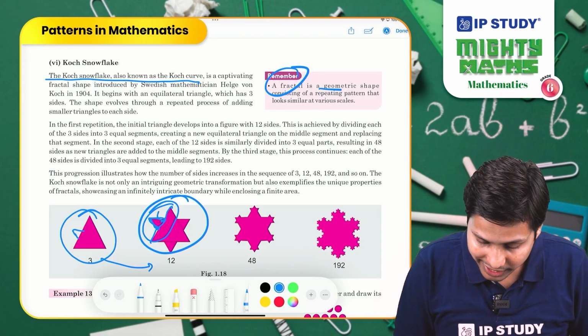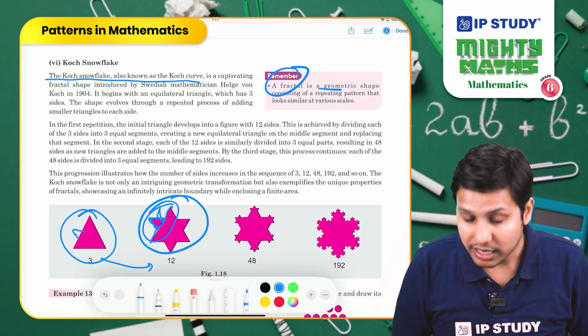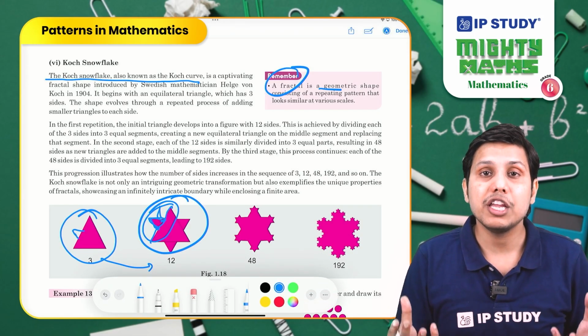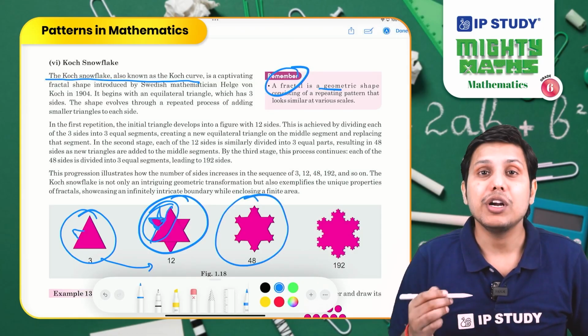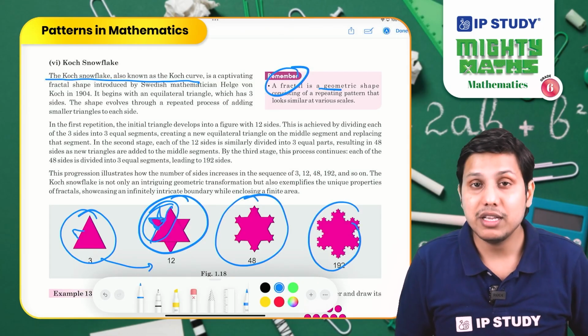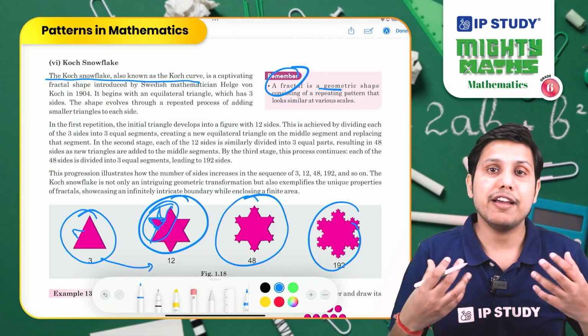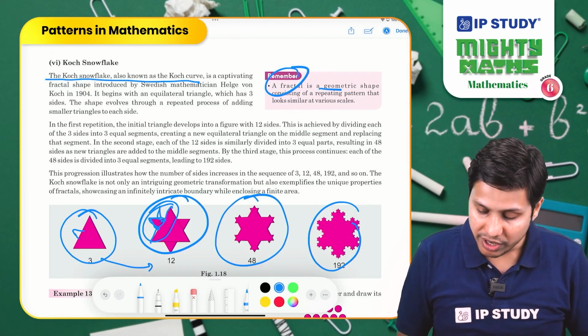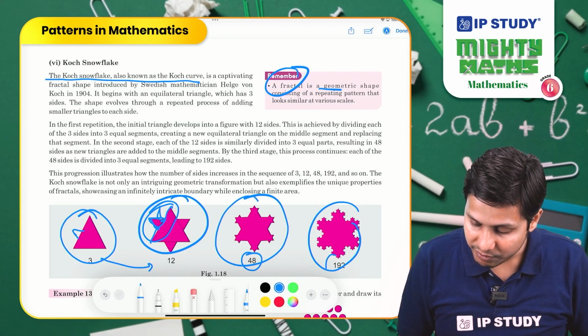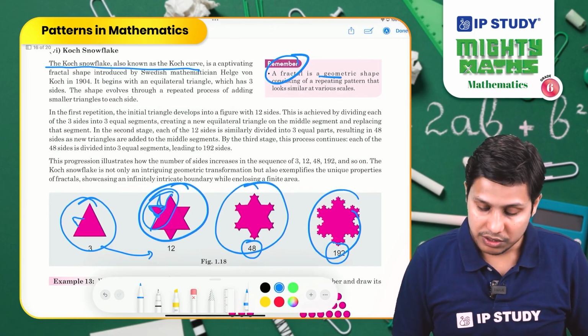Similarly, each edge of this will get a new set of 3 smaller equilateral triangles, and the number of edges will be 48. Then 192, it means 4 is multiplied every time to get the new number of edges. So here we have 48, then 192 edges.